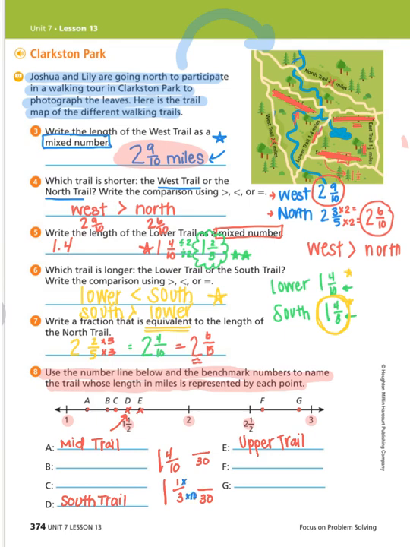If I do it on the bottom, I do it on the top. And by 10, I'd have to multiply by 3. Do it on the bottom, do it on the top. It looks like the lower trail is a little bit longer than the east trail, because this is the lower trail. So the lower trail would be B, and the east trail would be C.